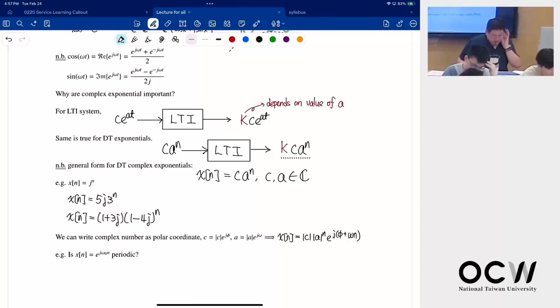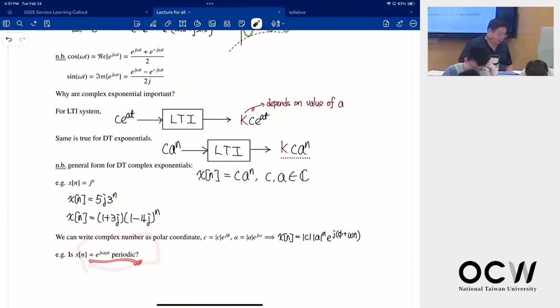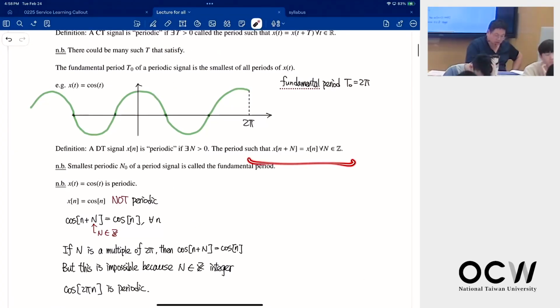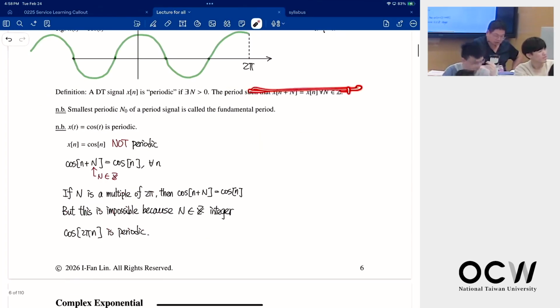Then we have a question. Is the discrete time complex exponential e to the j omega naught n periodic or not? For the discrete time case, you need to check here, right? So if you check, what do you get?